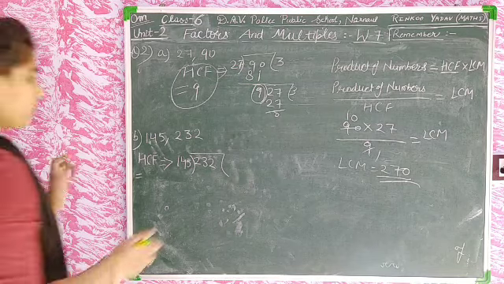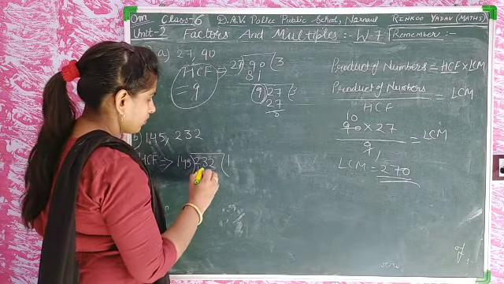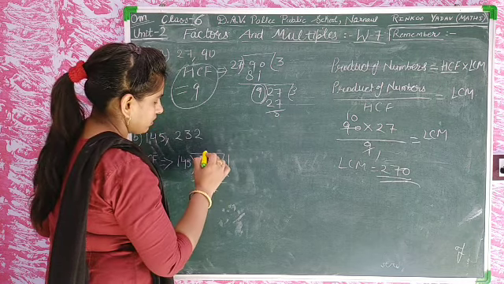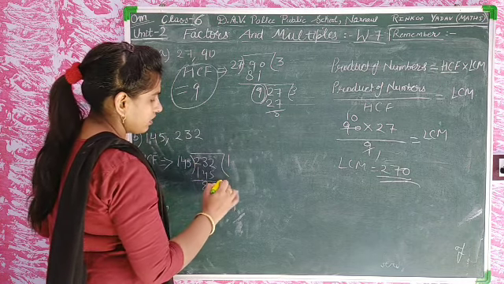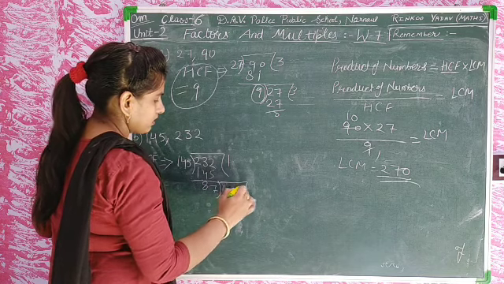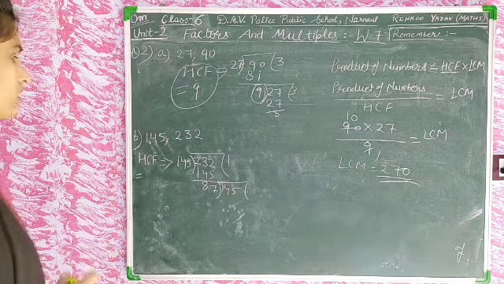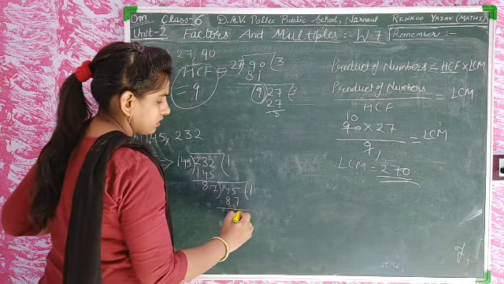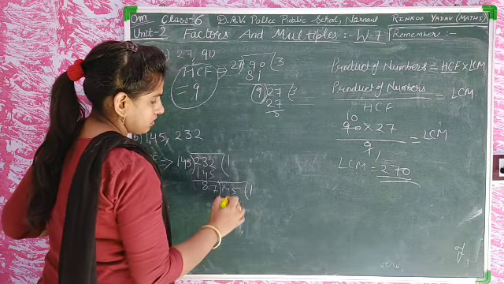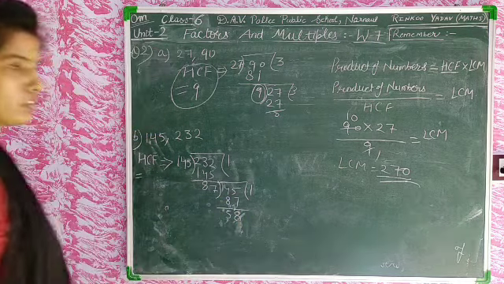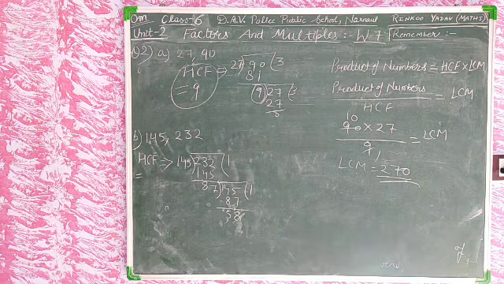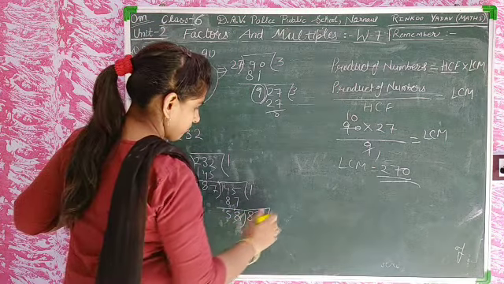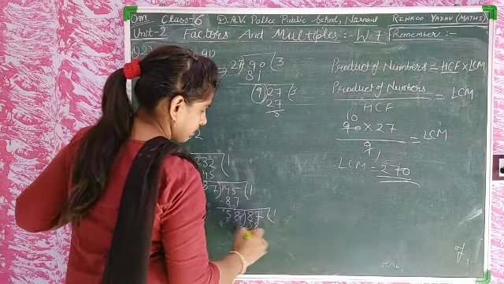Now students, if we divide 145 and 87, it will be divided again. 1 times 87 is 87, the remainder is 58.